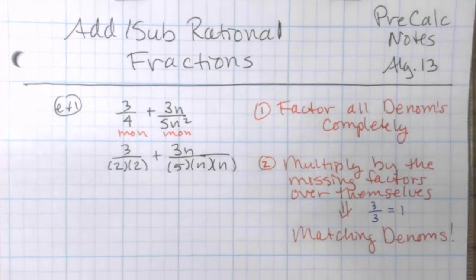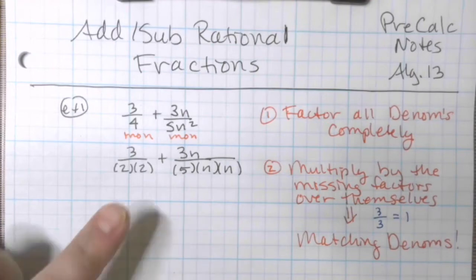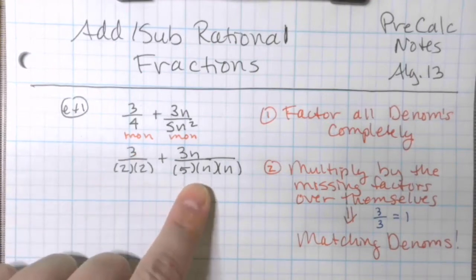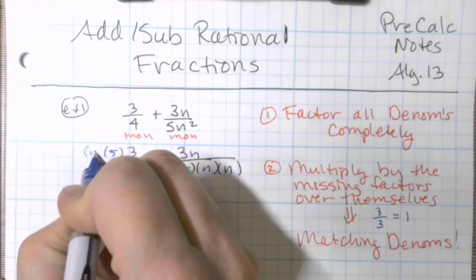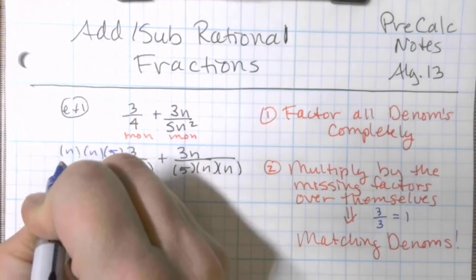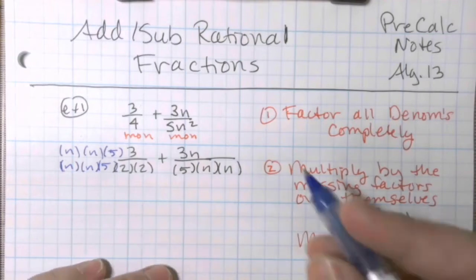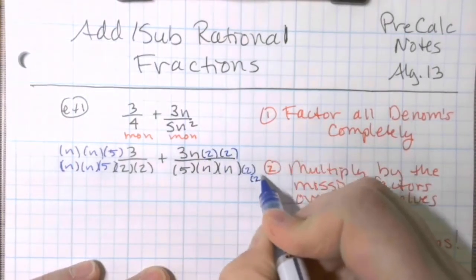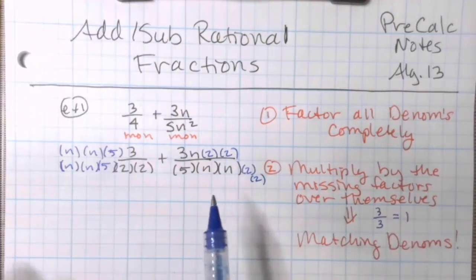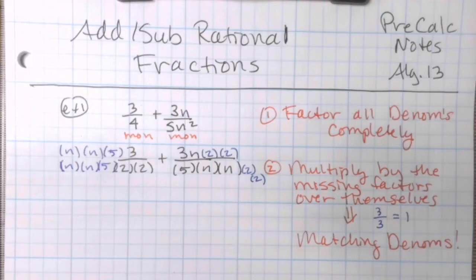So you're not changing the value of the expression, you're just changing its form. This fraction does not have a 5 or any n's, so I'm going to multiply by 5 over 5 and then 2 of the n's. This fraction doesn't have the pair of 2's, so I'm going to multiply by 2 over 2 and 2 over 2 again. So now both of the bottoms have a 5, a 2, and 2 n's.